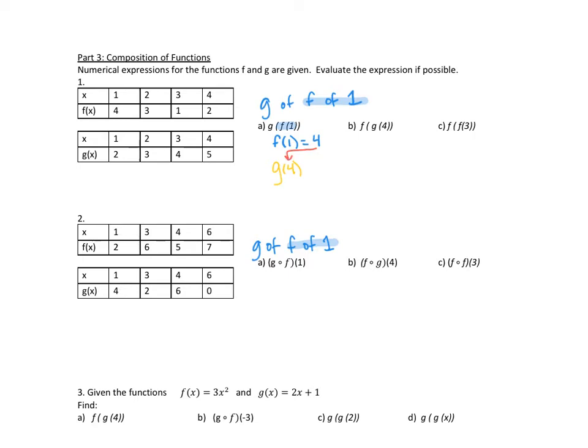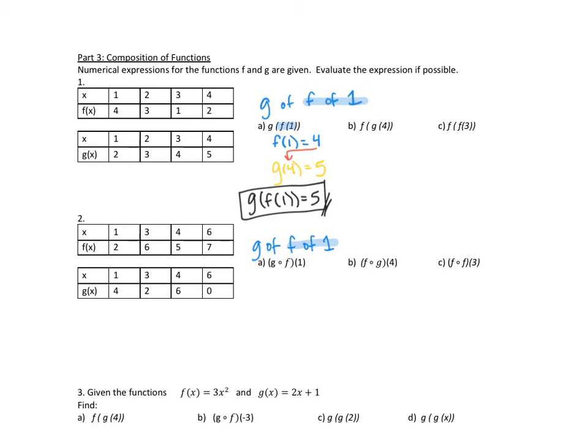G of 4, when our x value is 4, the y value for g is 5. So that's going to be our overall answer, that g of f of 1 is equal to 5. We looked at our inside function, plugged that into our outside function, and got our final answer.